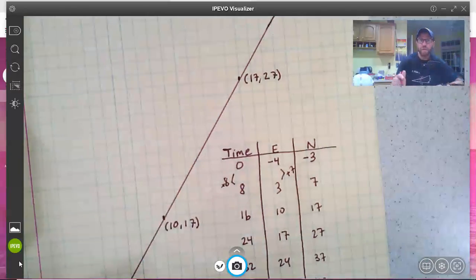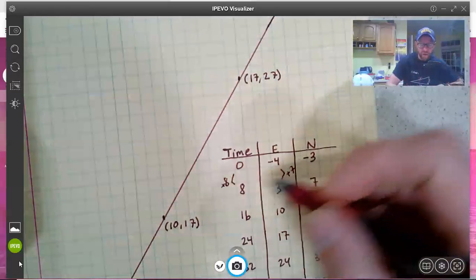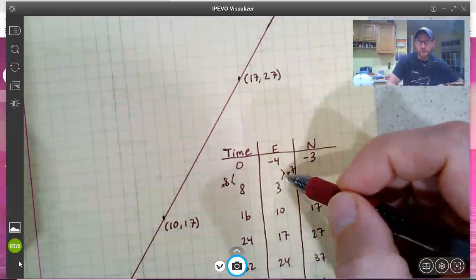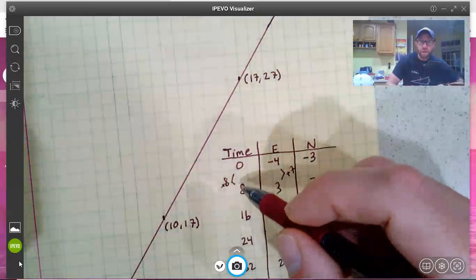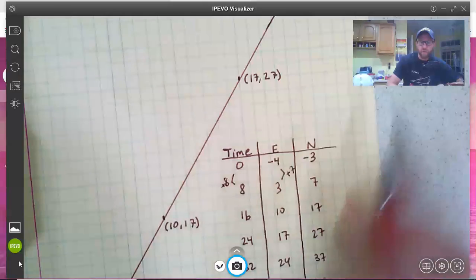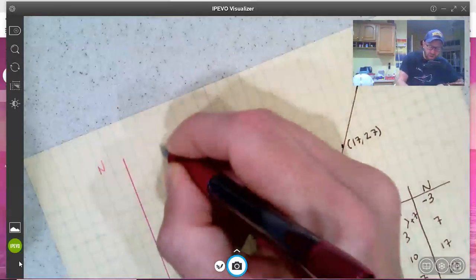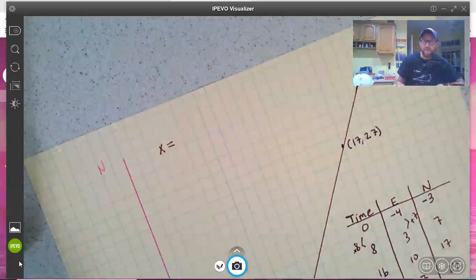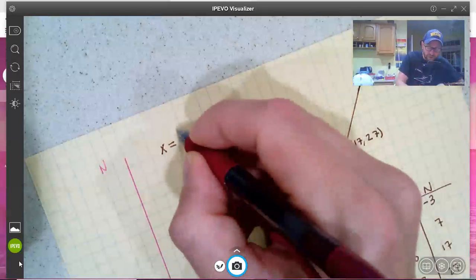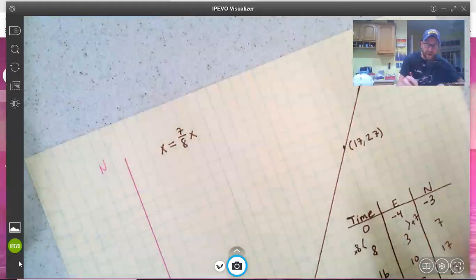So this is technically the slope, I guess, but the rate of change of our eastward position with respect to time is 7 over 8. And so our rule, I'll write this up here, our x, which is our east position, is equal to 7/8 t.